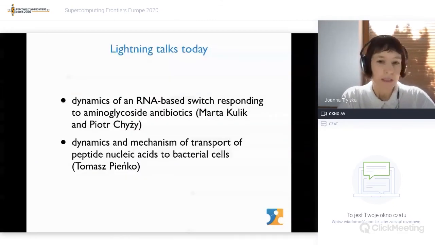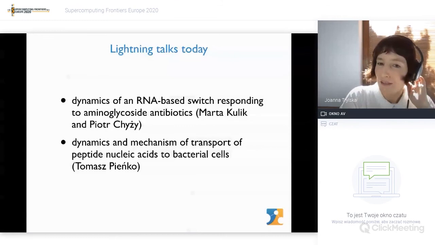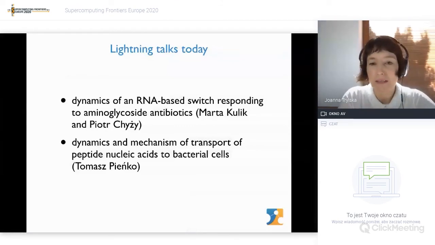Okay, so before I summarize, if you're interested in other RNA-based switches, there are two lightning talks today about a switch responding to aminoglycoside antibiotics, and another poster talk about the mechanism of transport of some molecules to bacterial cells, which also involves a lot of dynamics.